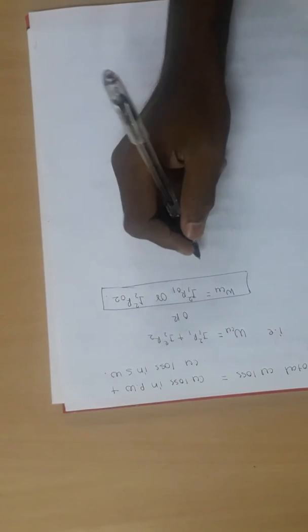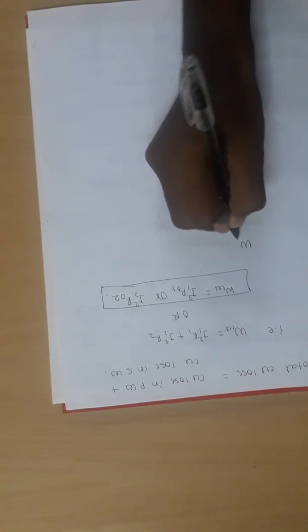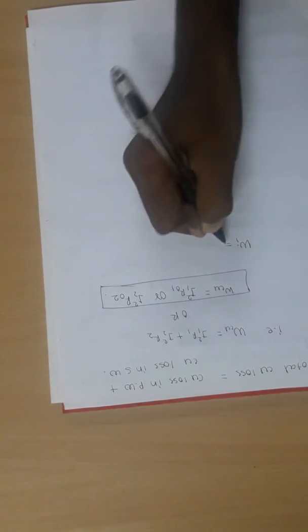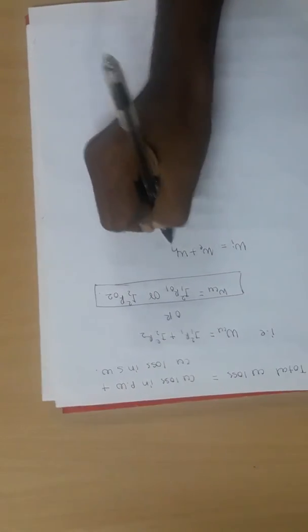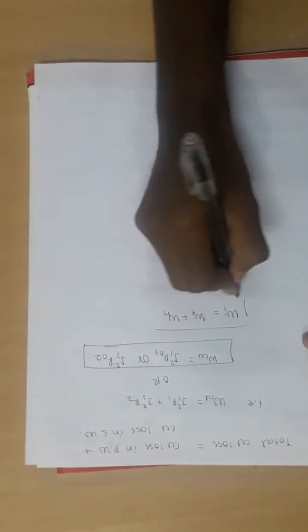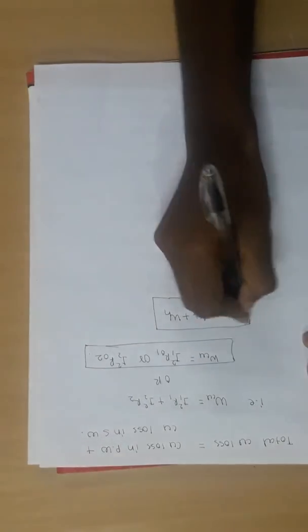So this is the equation for the copper losses, and for the iron losses it is We plus Wh. So these two equations are very important for the examination.